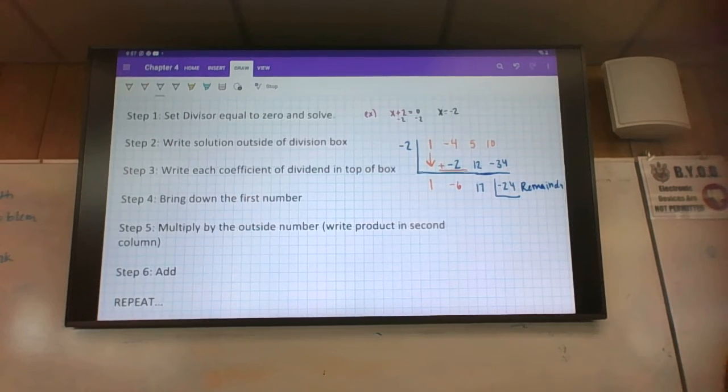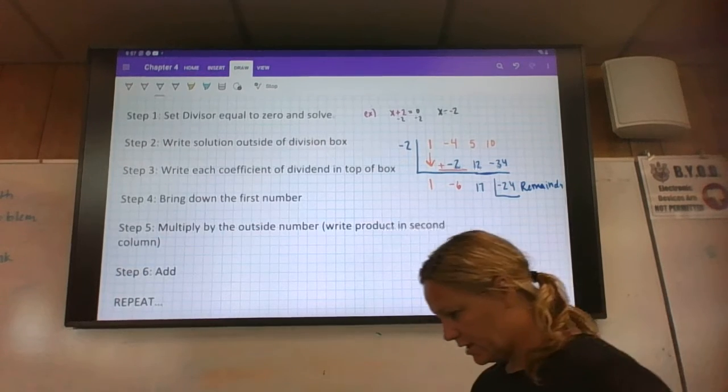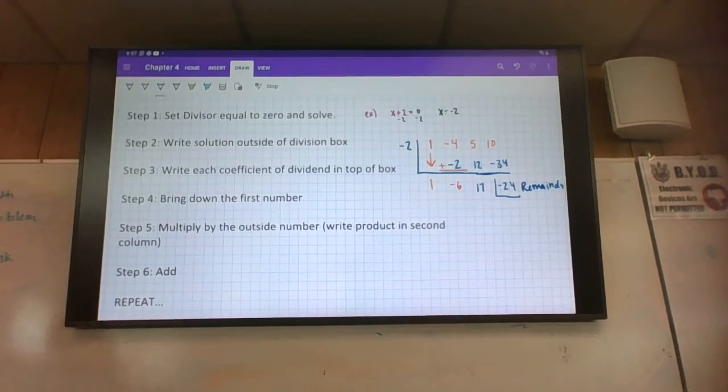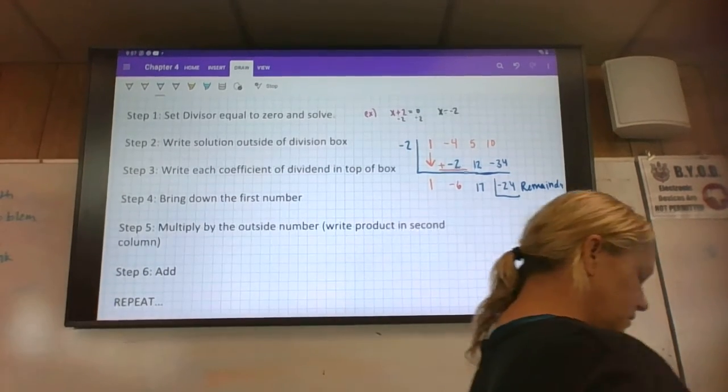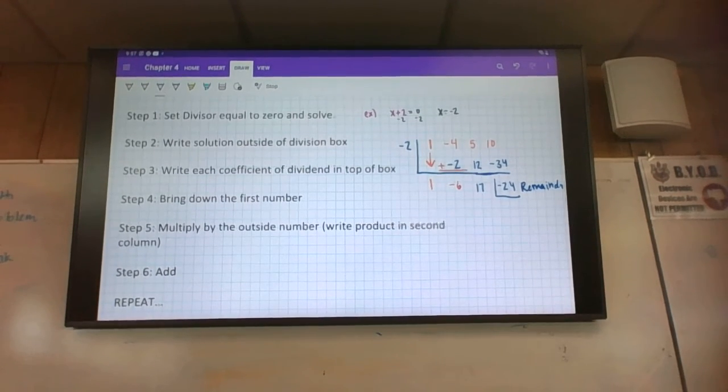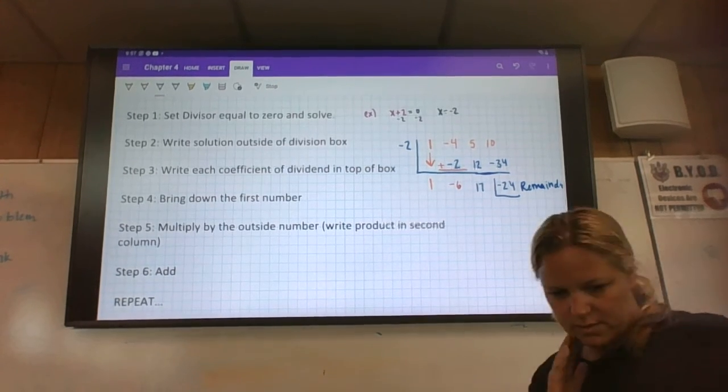Okay, so I'll write a problem on the board. I'm going to do an example, just one, and then I'll do your assignment with you to finish class up. I'm going to do one example first.